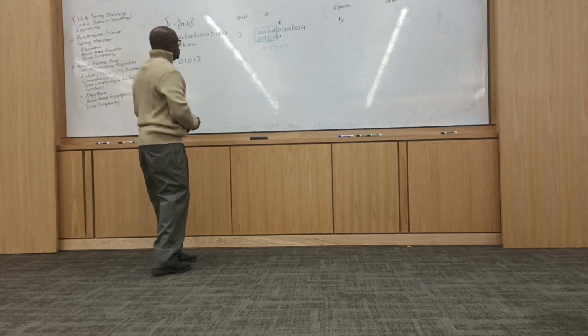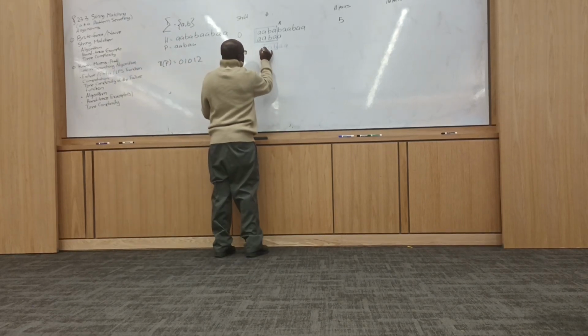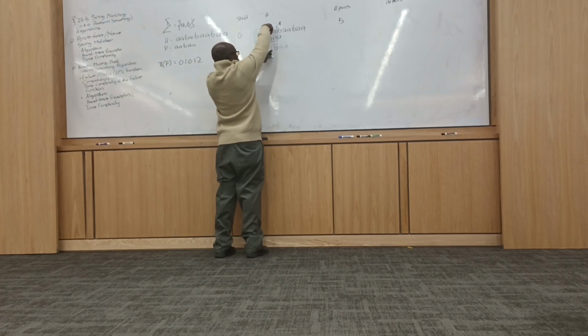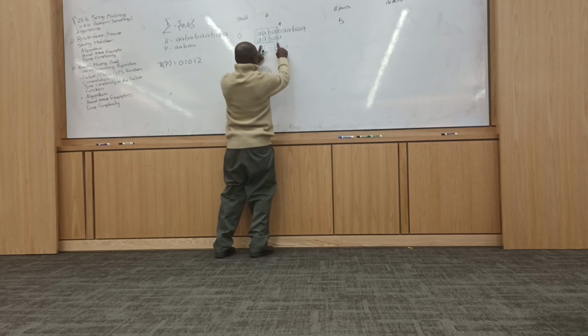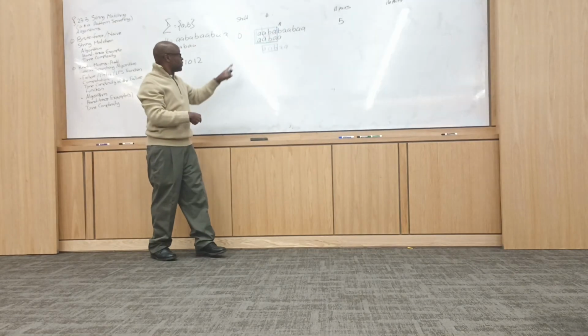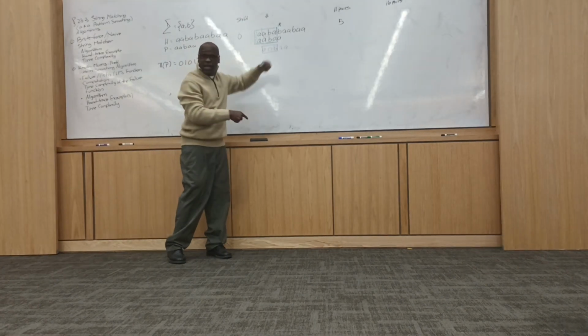Now, notice this part of the string is the prefix, and this part is a suffix. How do I know these 2 things wouldn't match? When I shift, this becomes the prefix, and this part becomes the suffix of AABA. It's the same AABA.